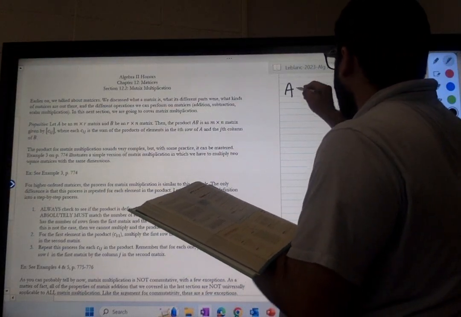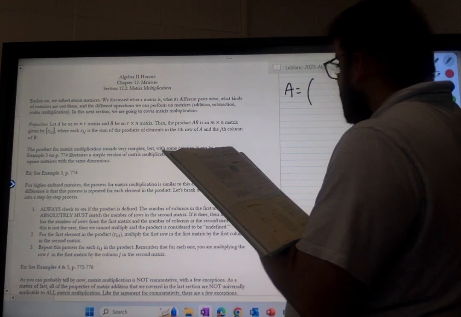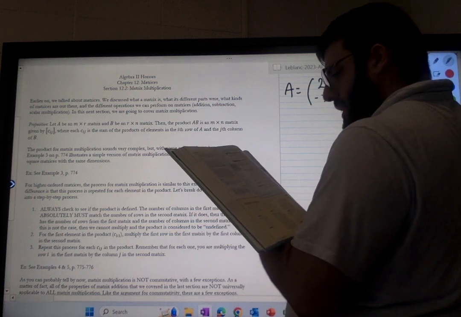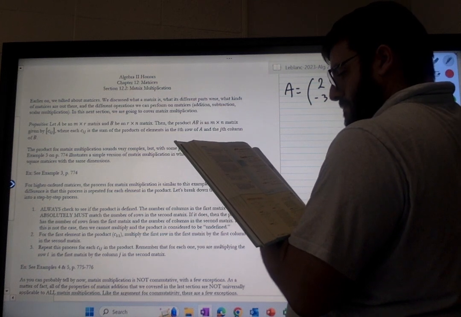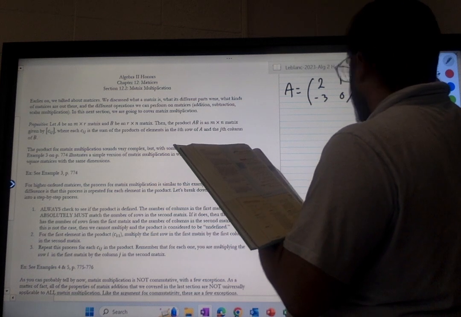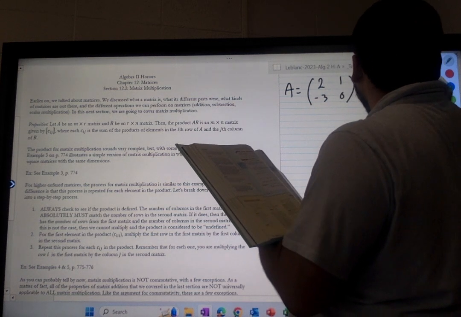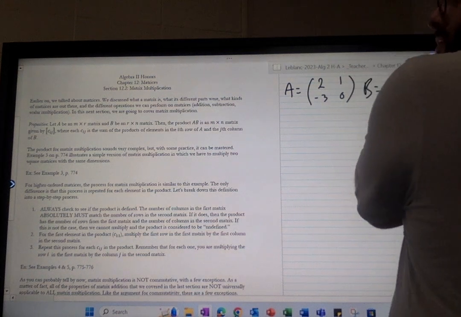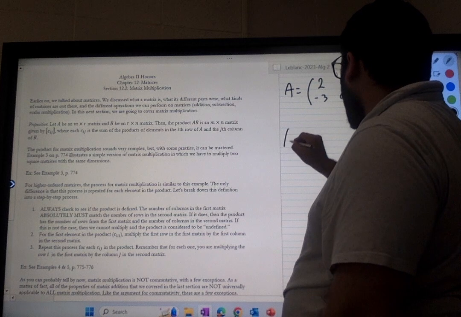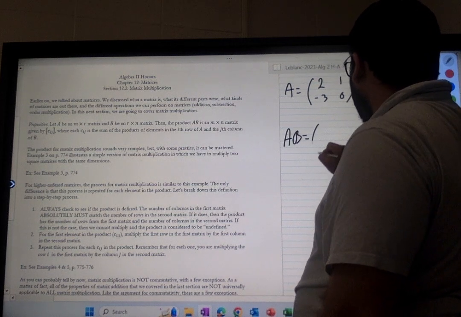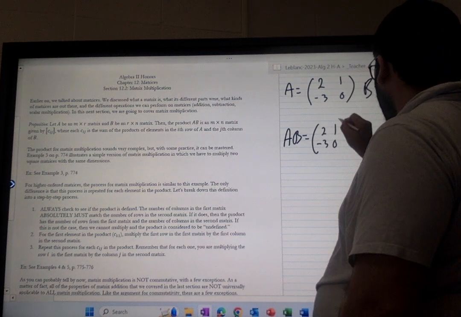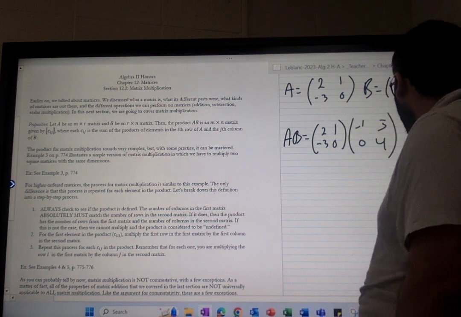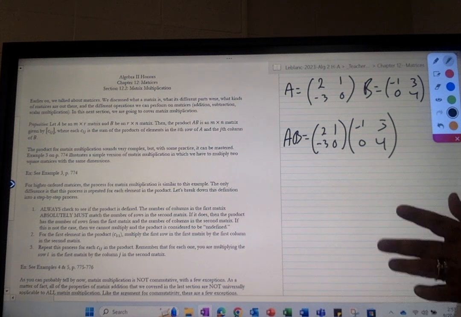So we're going to let A be this matrix: 2, 1, negative 3, 0. We're going to let B be equal to this matrix: negative 1, 3, 0, and 4. Now, I'm going to do A times B. So that's this matrix times this matrix.